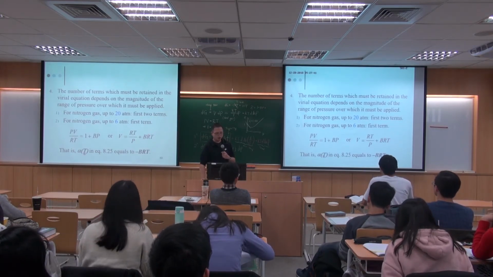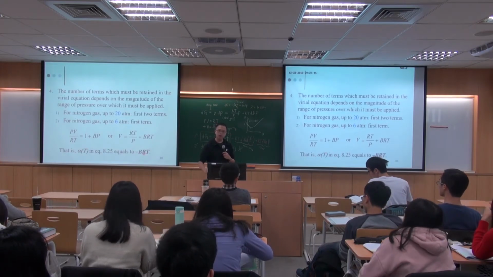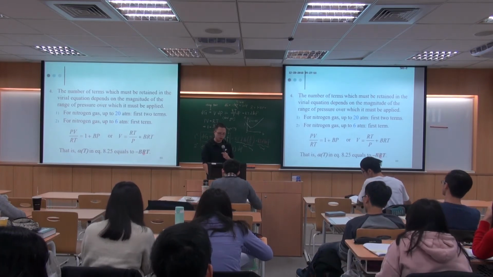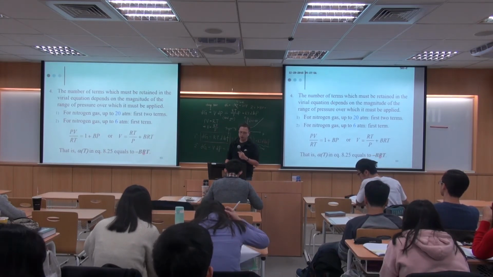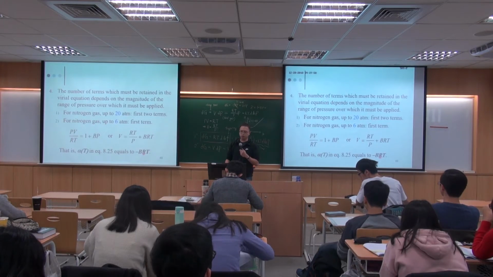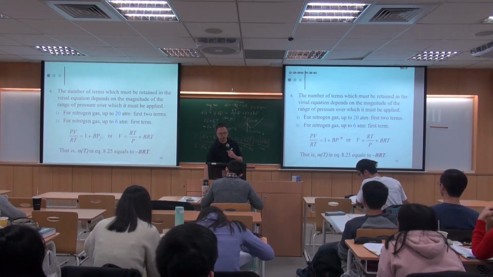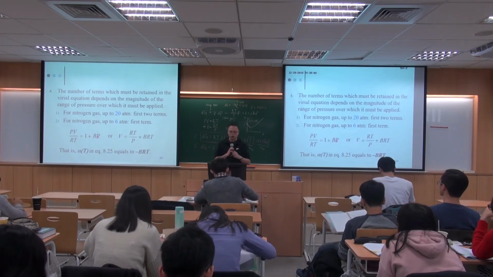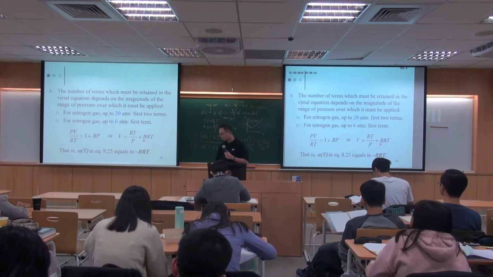Therefore, that alpha of T that we saw earlier is actually minus BRT, and you can see that it's indeed a function of temperature. So if you only use this first linear term, the volume is simply the ideal gas term plus this temperature-dependent term.